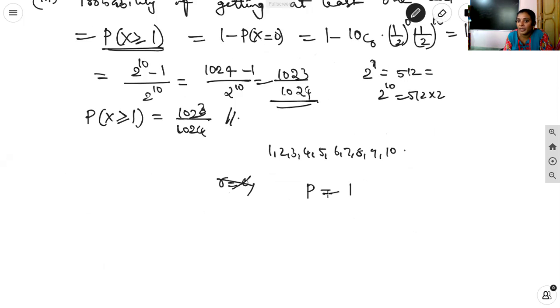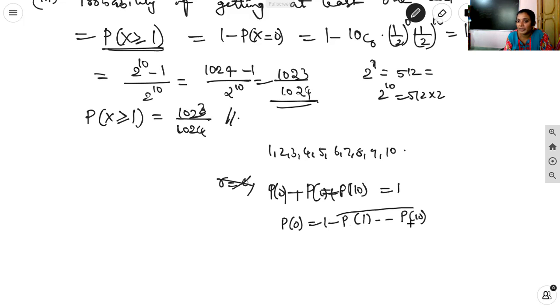We know that the total probability is equal to 1. Probability of 1 to probability of 10 plus probability of 0 is equal to 1. Then probability of 0 is equal to 1 minus probability of 1 to probability of 10. So this is nothing but probability of x greater than 0.